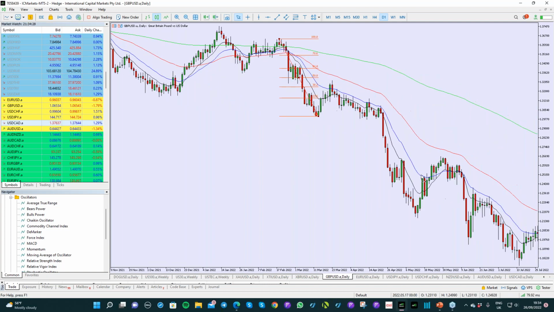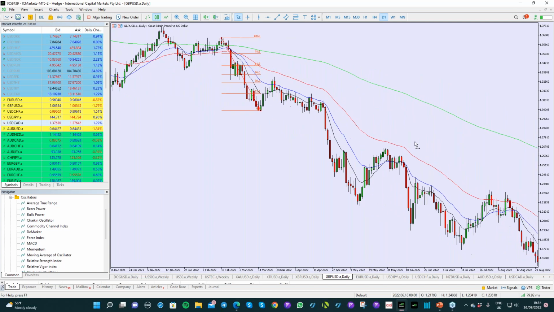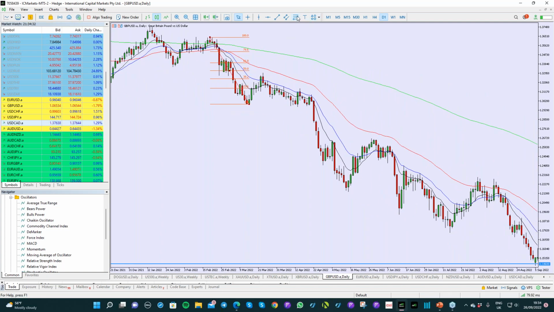So Fibonacci, we can then look at the next one down. For example, the most recent high just here down to this low price, and we can see again that price is pulling back to around the 38.2 level.